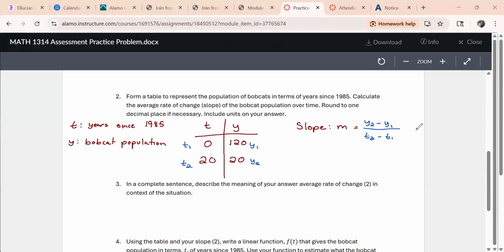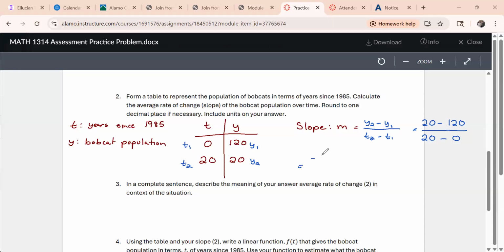So we see that y1 is the 120 bobcats, and y2 is the 20 bobcats. 20 and 20 is a little confusing. t2 is going to be 20 years after 1985, and then t1 is 1985, so it's just 0.